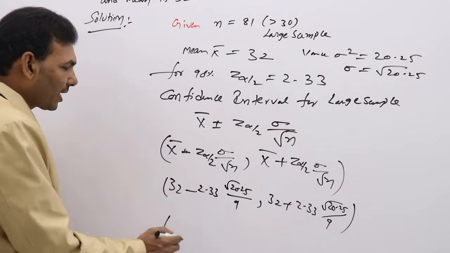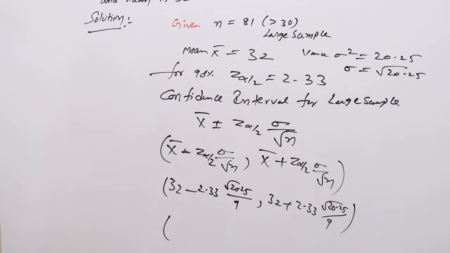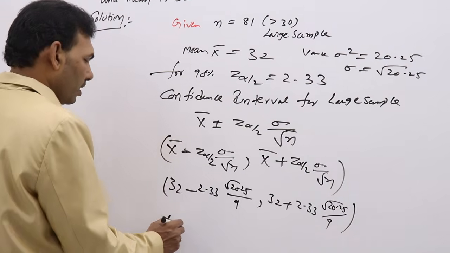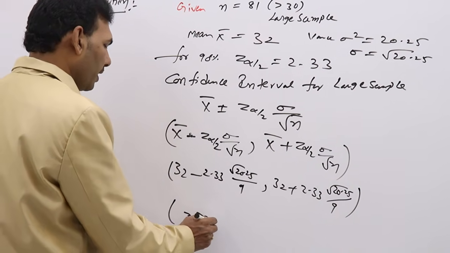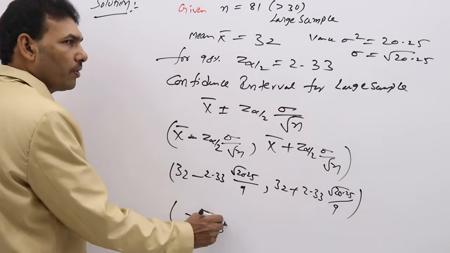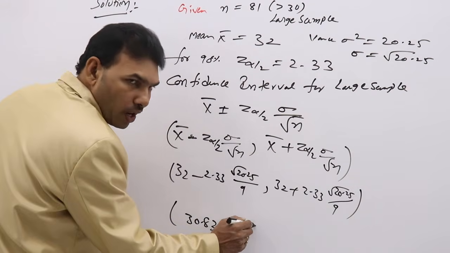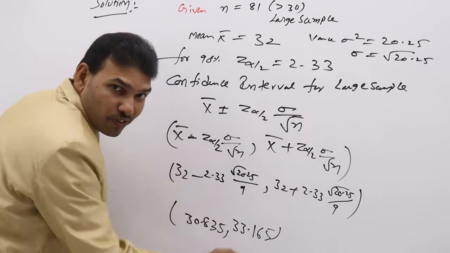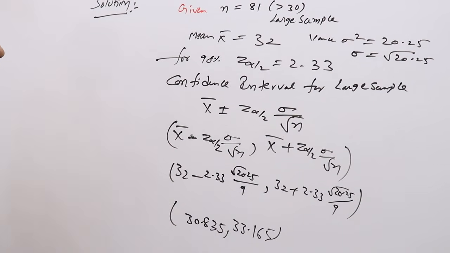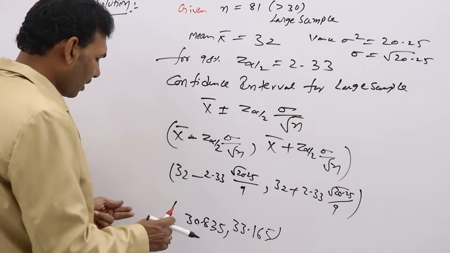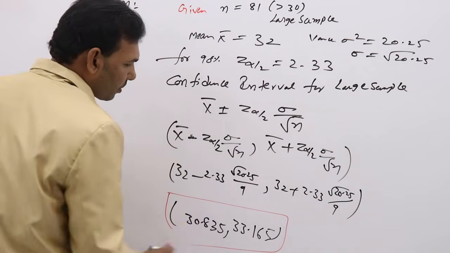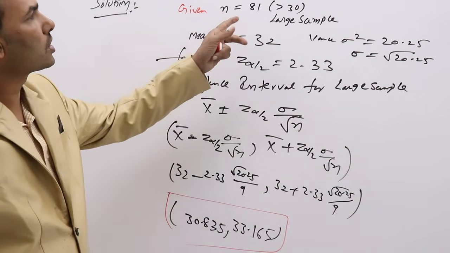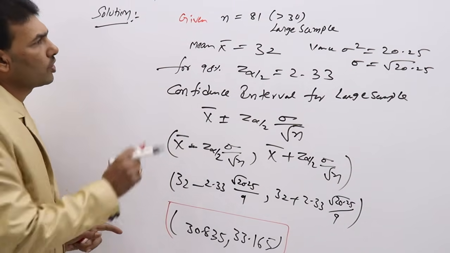If you calculate this using your calculator, you will get 30.835, 33.165. This is the confidence interval for the large sample using the given data.